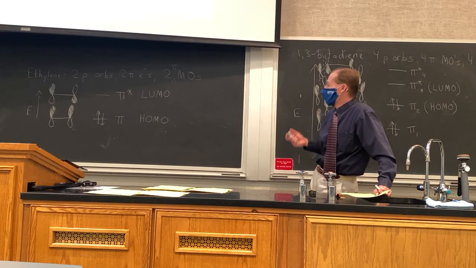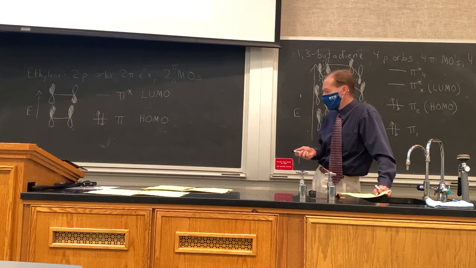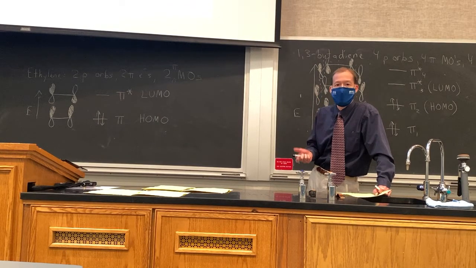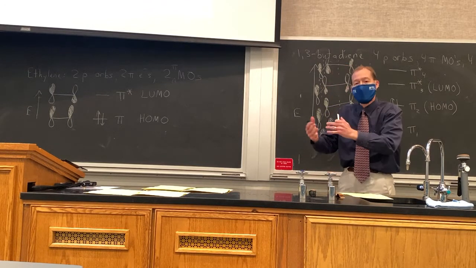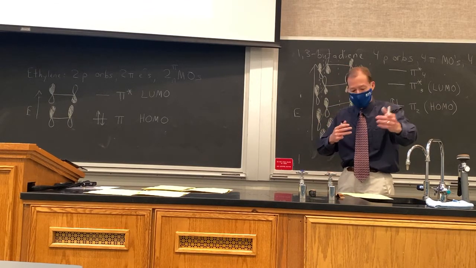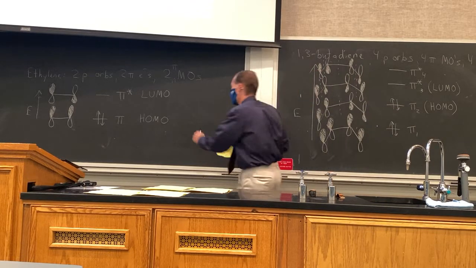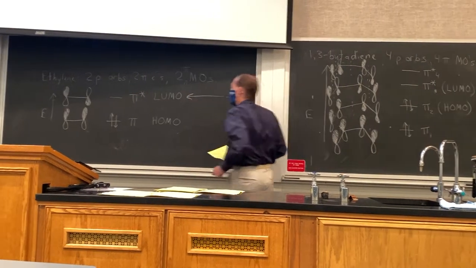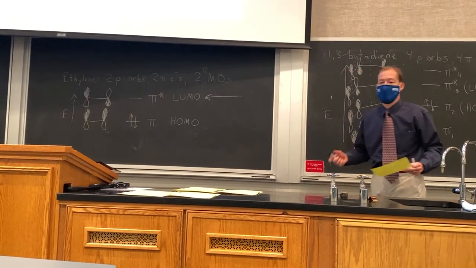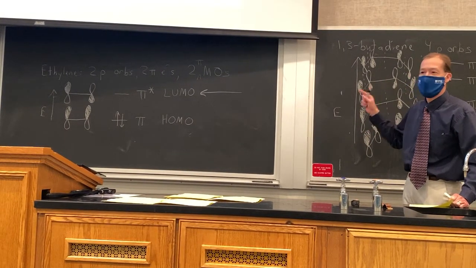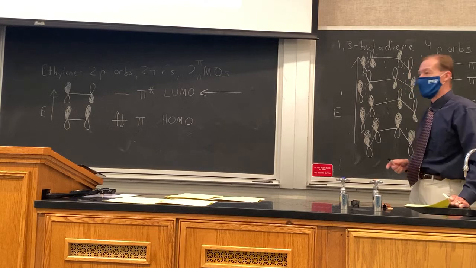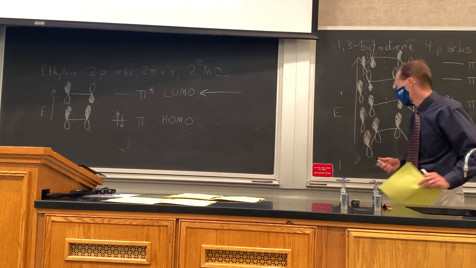So if it's functioning as the electrophile, it is going to be the lowest energy unoccupied molecular orbital that is going to need to overlap with an orbital from the nucleophile. So this orbital right here, the LUMO of our dienophile, is going to be the important molecular orbital to consider on the dienophile when we think about the Diels-Alder reaction.